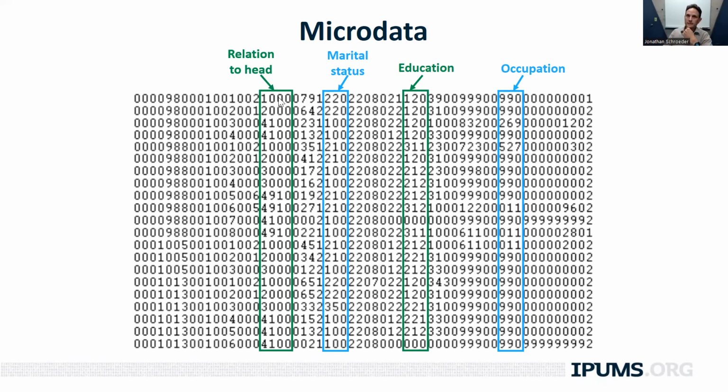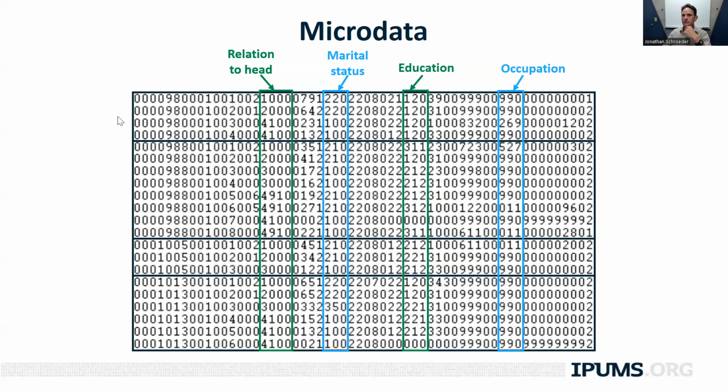You can identify how each individual related to the head of household, what the marital status is, what the education level is, what their occupation is. And there's different blocks of respondents here that each correspond to an individual household. So you can also do all sorts of analysis of how characteristics of one member of the household affect the characteristics of other members of the household.